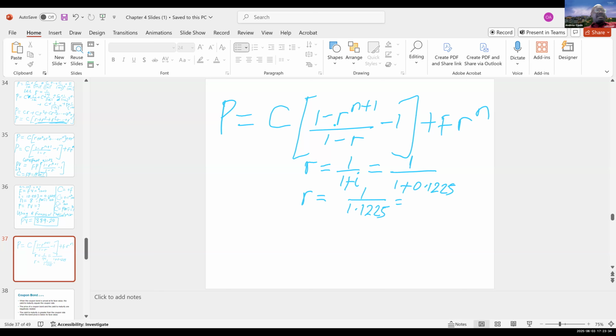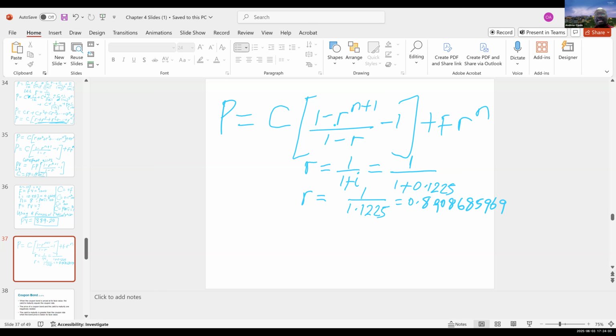Enter all that with all the decimal points. Don't round. So 1 divided by 1.1225 is 0.890868585969. You have to write all that ugly number.